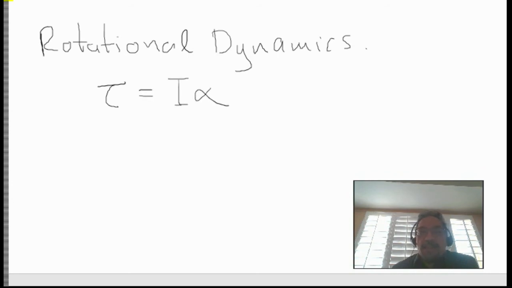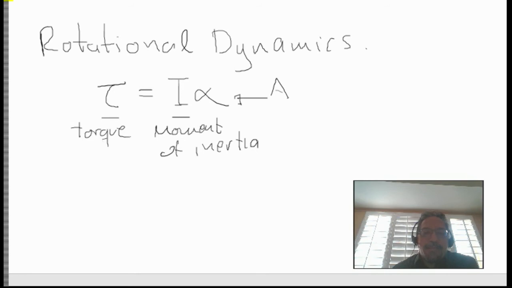So instead of having net force equals mass times acceleration, we have the net torque equals the moment of inertia times the angular acceleration.